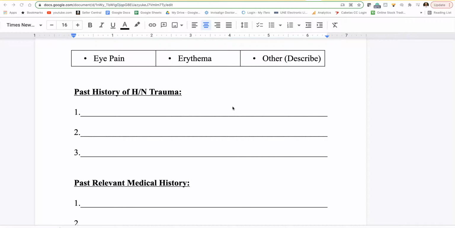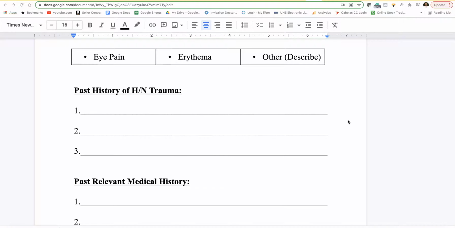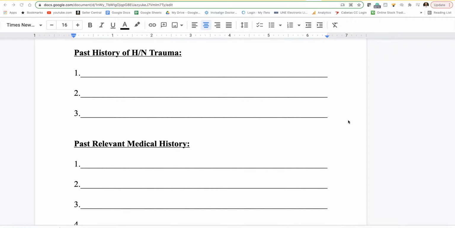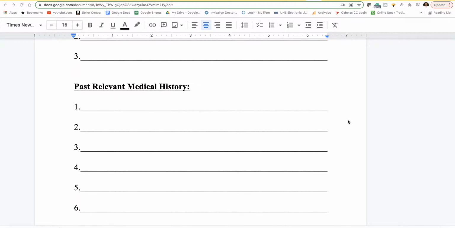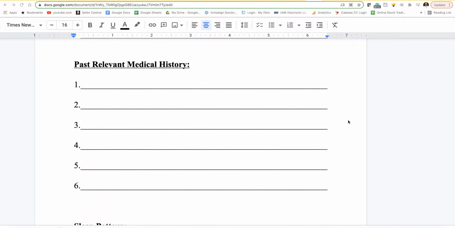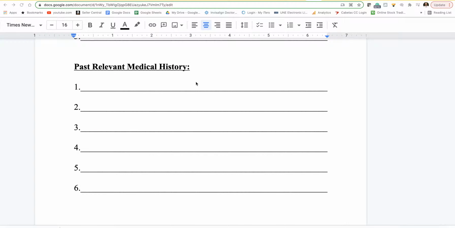To the patient and to the untrained observer, those two may seem unrelated, but as most of you can surmise, they often are related. Past relevant medical history. Obviously, the medications, SSRIs, can cause some issues with bruxism, so on and so forth. So anything that you think might be connected, put here.